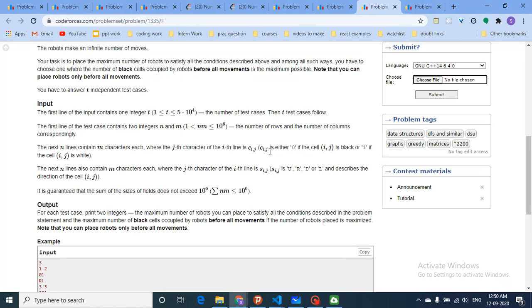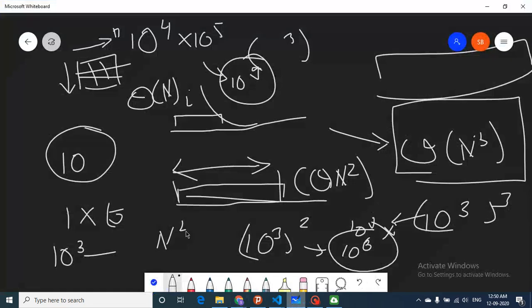What does this mean? n and m separately are not equal to 10 to the power 6. You cannot take n equal to 10 to the power 6 and m equal to 10 to the power 6 and then do some operation, because the matrix which will form will have 10 to the power 12 blocks, and you cannot even make this large size block in the memory.